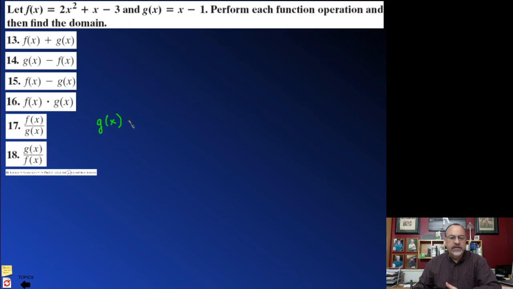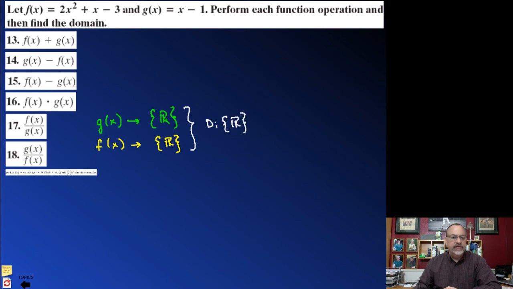The g function is in the numerator, and the g function is x minus 1. There's no denominator, there's no radicand, so that's all real numbers. The domain of the f function, again, no division, no radicand, all real numbers. Therefore, the intersection of these two is going to be all real numbers.